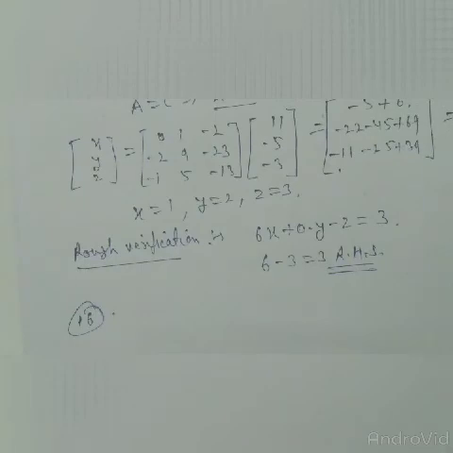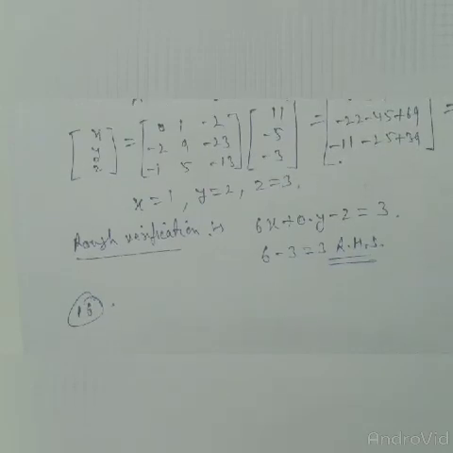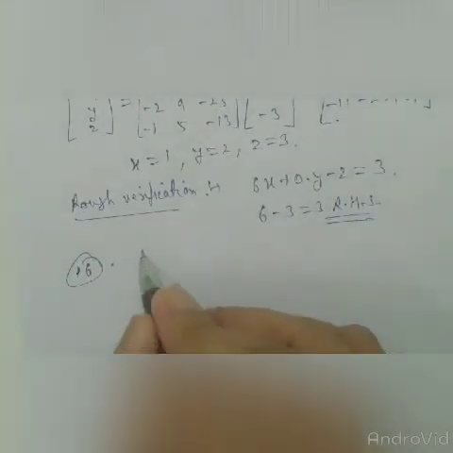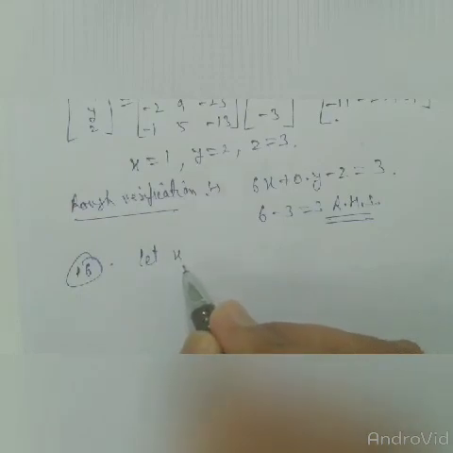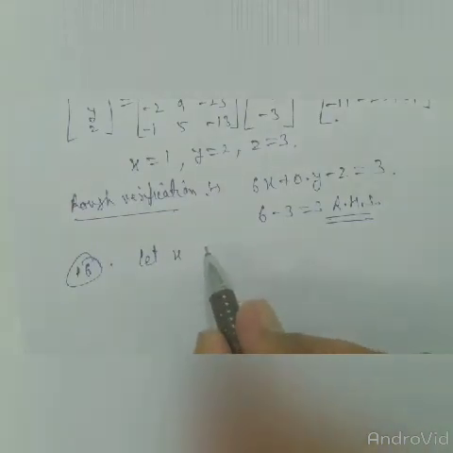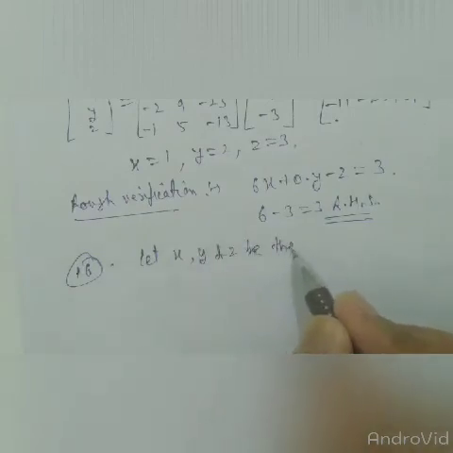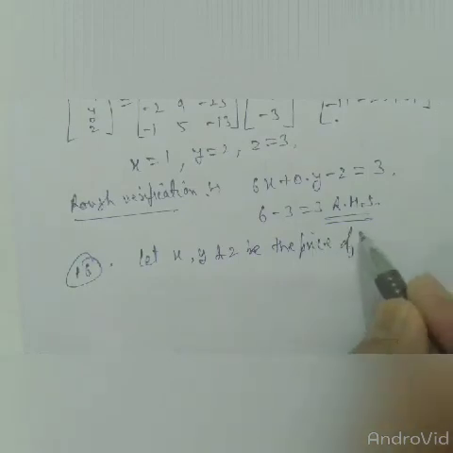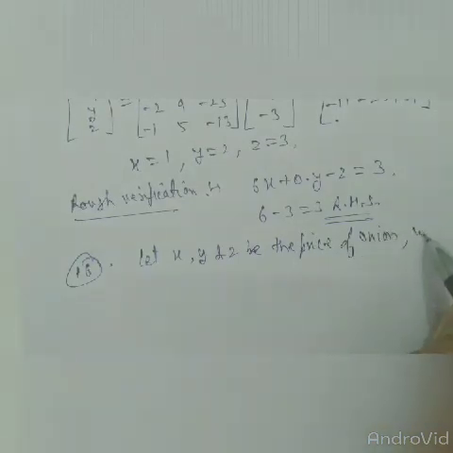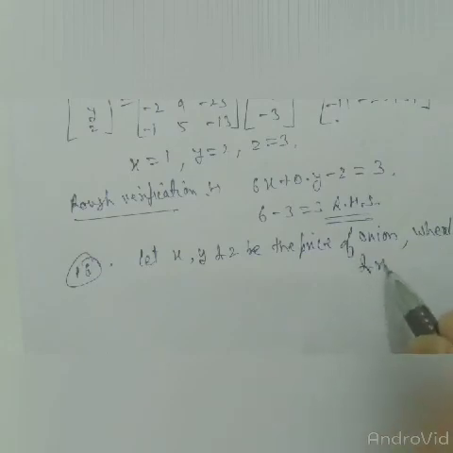Question number 16. The cost of 4 kg onion, 3 kg wheat, 2 kg rice is 60. The cost of 2 kg onion, 4 kg wheat, 6 kg rice is 90. The cost of 6 kg onion, 2 kg wheat and 3 kg rice is 70. Find the cost of each item per kg by matrix method. Let x, y and z be the price of onion, wheat and rice.